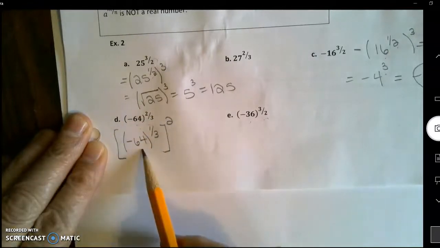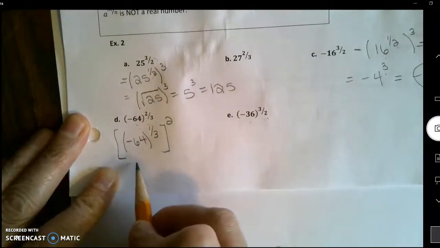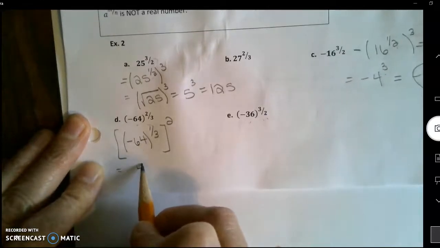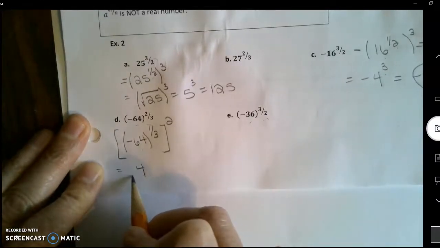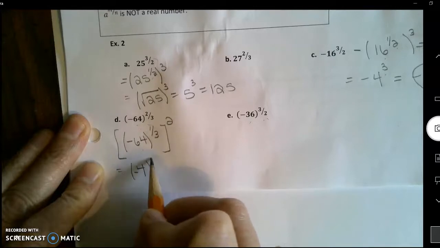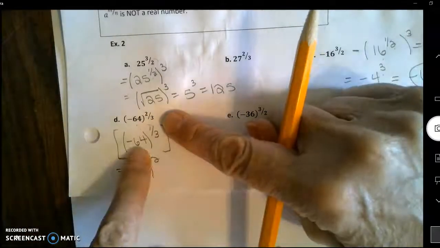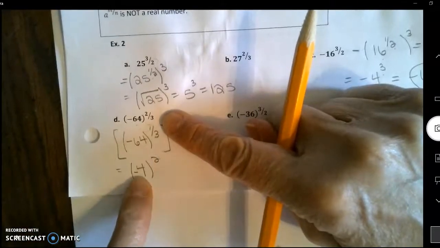The cube root of negative 64 is negative 4, I should say. Just looking at this part, the cube root of negative 64 is negative 4.